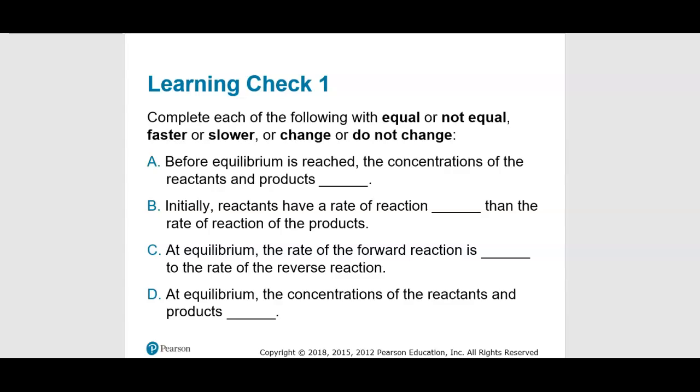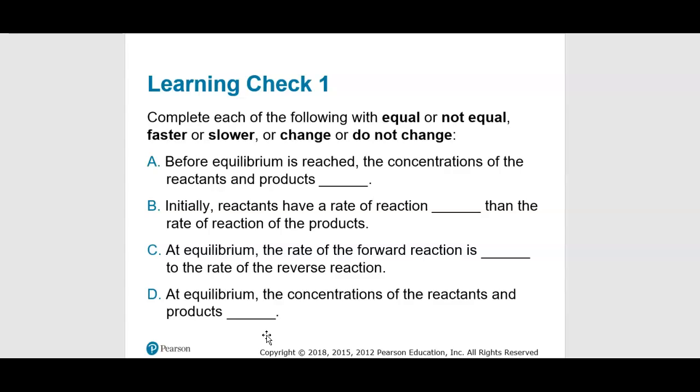And at equilibrium, the concentrations of the reactants and products, well, either they change or they do not change. Equal or not equal in equilibrium really is not a good measure, you'll find, because an equilibrium process can lie all the way towards products, all the way towards reactants, or anywhere in between.